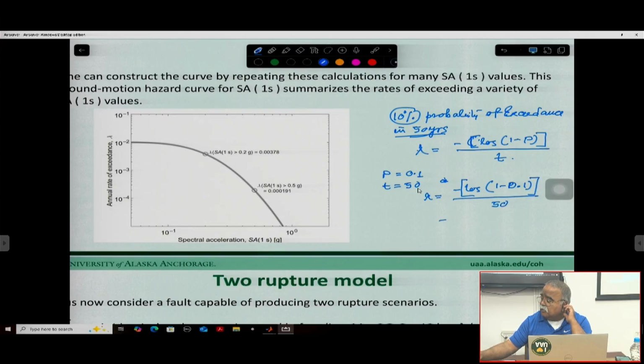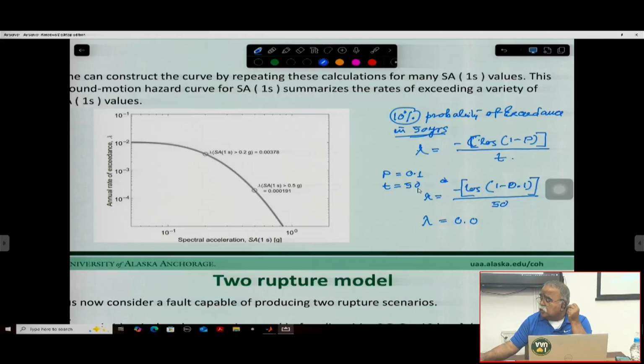Can somebody calculate this number? What will be this value? It's a natural log. So lambda equals 0.002. The return period will be equal to 1 by lambda. Actually, this is not exactly 0.002; it is 0.0021 something.